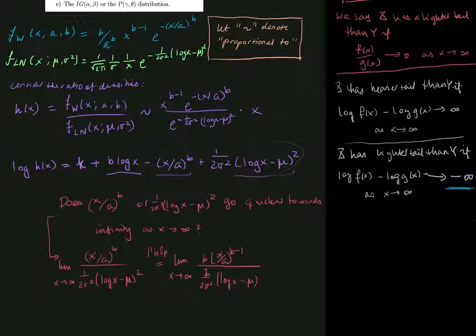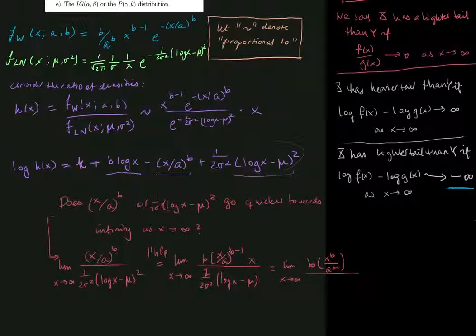Great, and then I differentiate the inner function log x minus mu, which just is the same as 1 over x, right? So I divide by 1 over x in the denominator, and that just corresponds to multiplying by x up here. So what I see is that I then get the limit for x going to infinity of the ratio of b multiplied by x to the b minus 1 divided by a to the b.